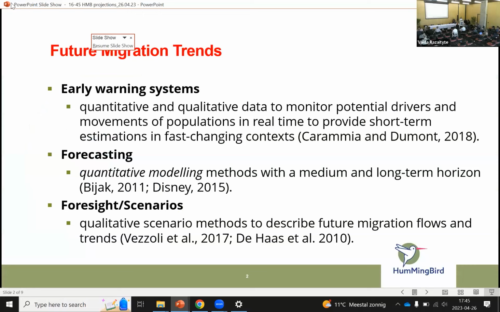When we consider future migration trends, we can talk about a lot of things, but based on what we discussed today, we are in fact talking about early warning systems that have been discussed a lot. And here we can use both quantitative and qualitative approaches. We discuss forecasting and predictive models.